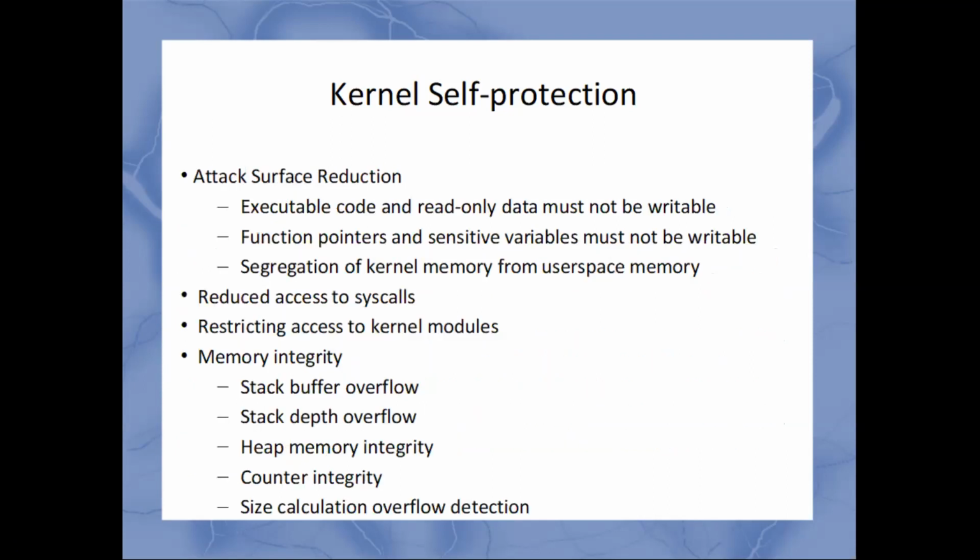So we will look at some of the submodules of kernel self-protection. What are the ways in which self-protection can be implemented, and how can security flaws and attacks be reduced? Let's look at them one by one. They include reducing the attack surface, reducing access to system calls and kernel modules, and looking at memory integrity, such as stack and heap overflows, then counter integrity and integer overflows.